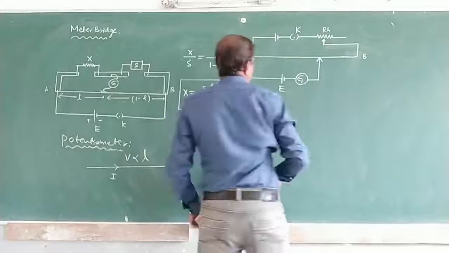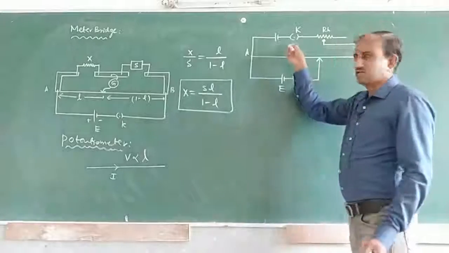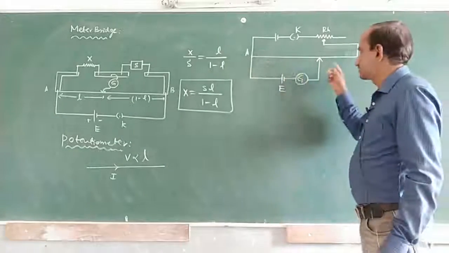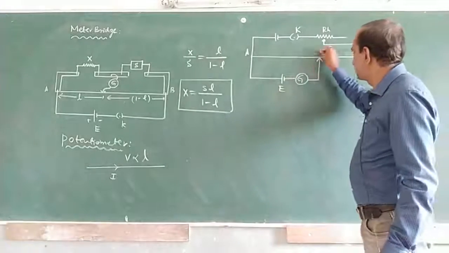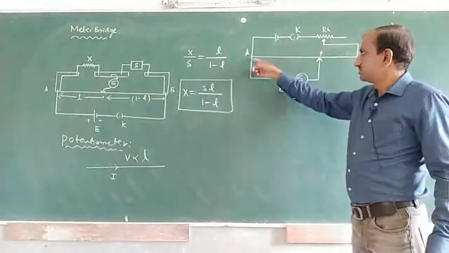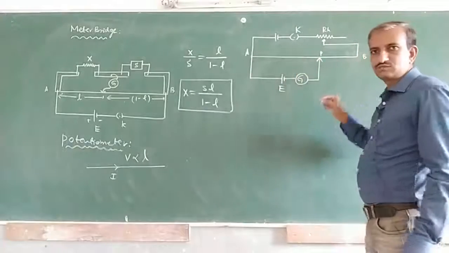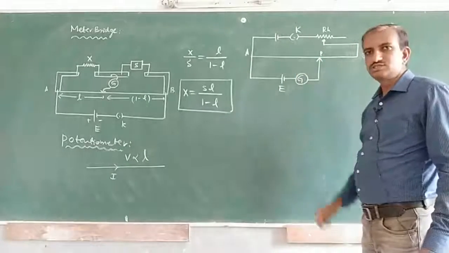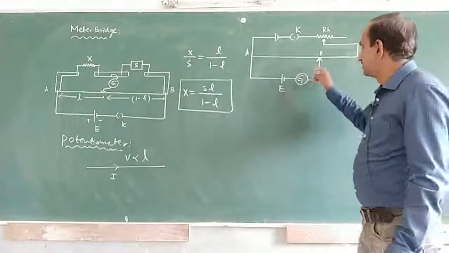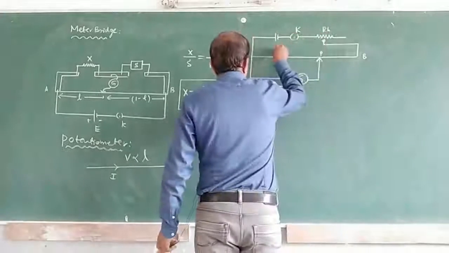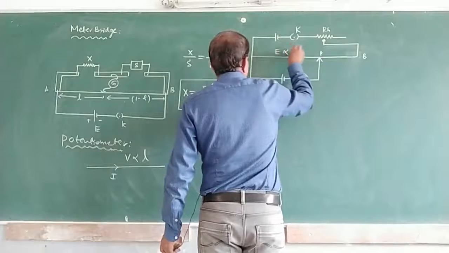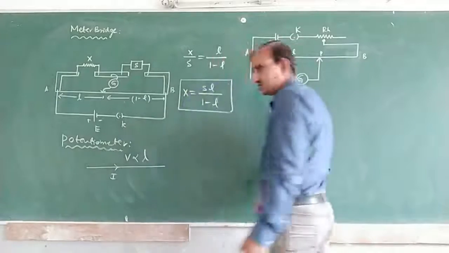When we close the plug key, a steady current flows through the wire. Move the pointer over the wire from A towards B till the galvanometer shows 0 deflection. Therefore, the EMF of the cell E is directly proportional to the length of that portion.